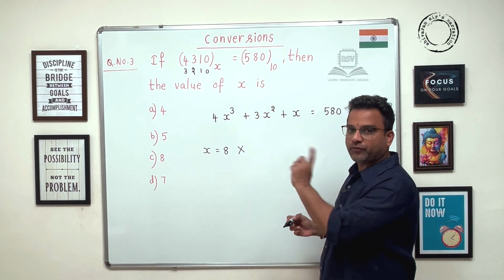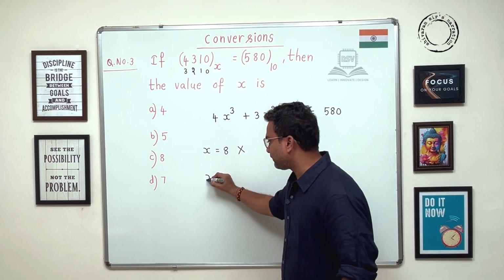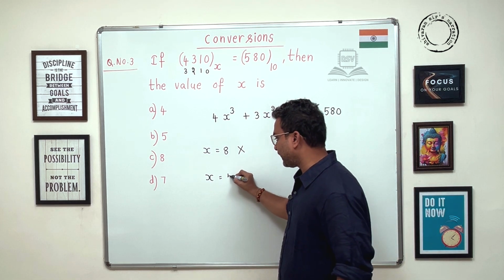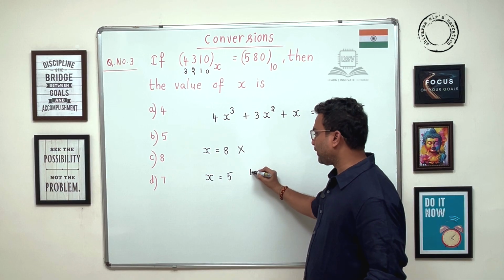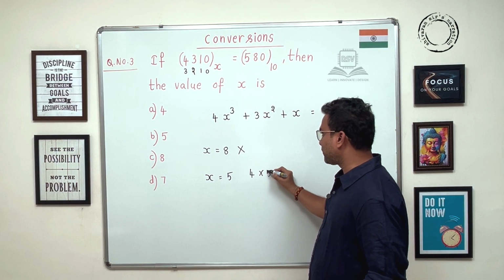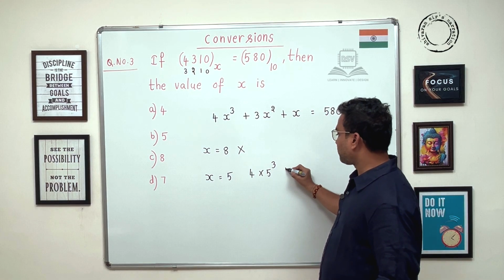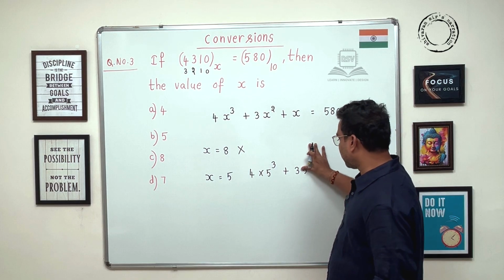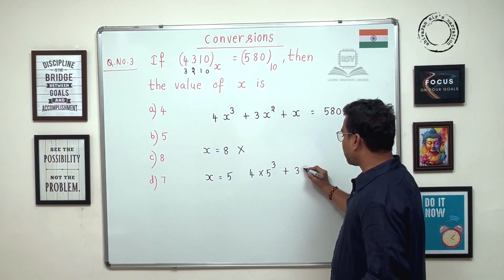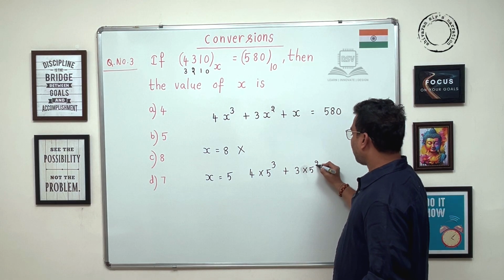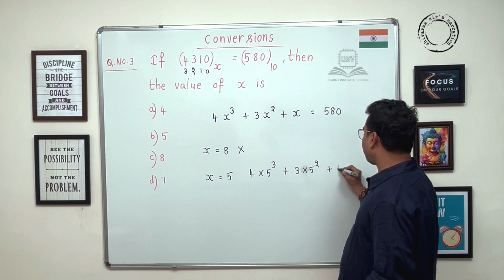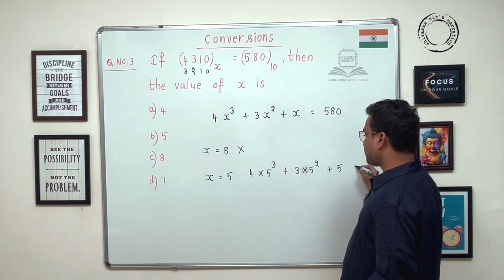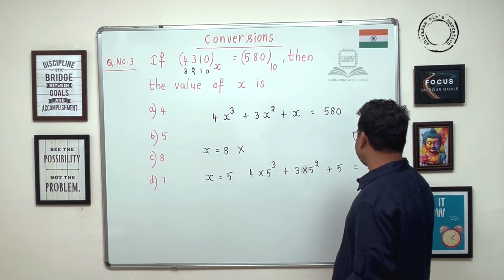Let's try 5. x is equal to 5. If x is equal to 5, then 4 into 5 cube plus 3 into 5 square plus 5 is equal to 580.